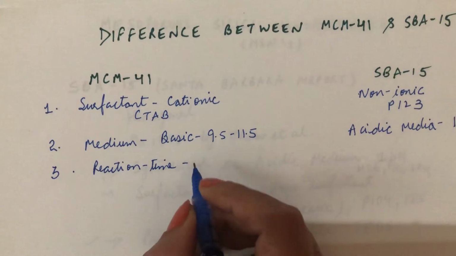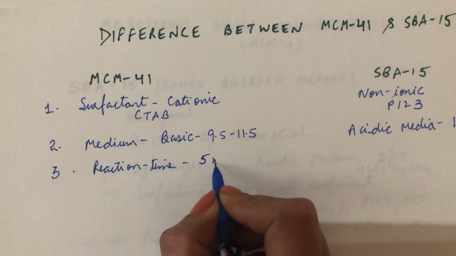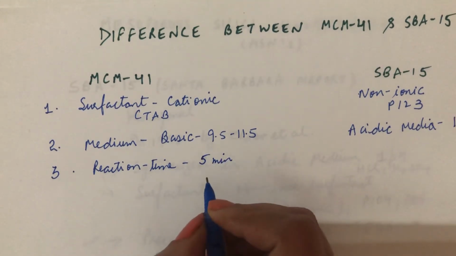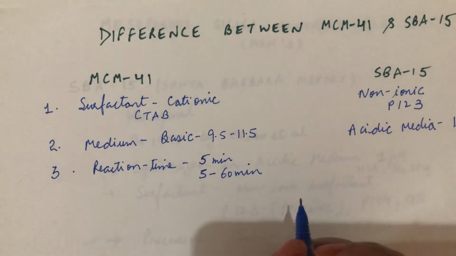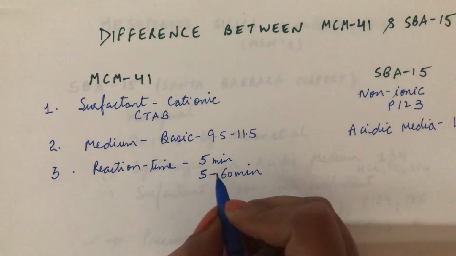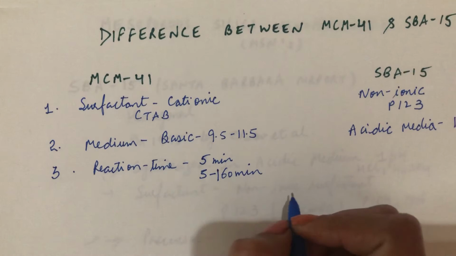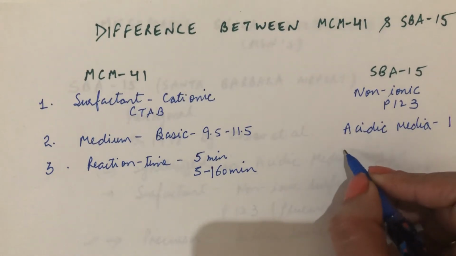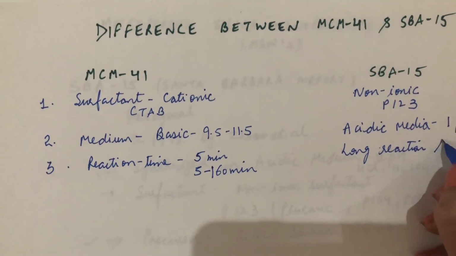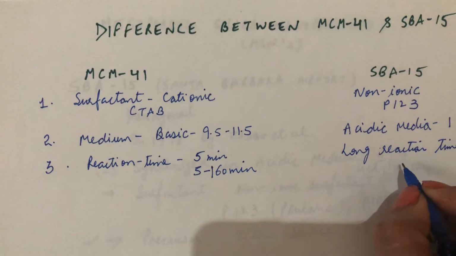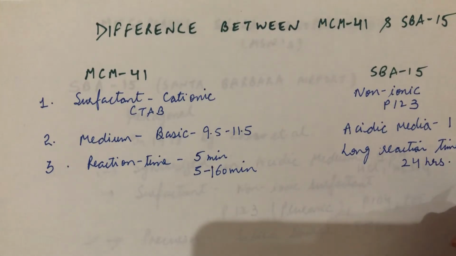The reaction time for MCM41 is very short, in some cases even lower than 5 minutes, so we can summarize it as 5 minutes to 60 minutes, or in some cases you can take 160 minutes, otherwise 2 hours is more than sufficient. Here it takes long reaction times. This is the main difference. In some cases it takes up to 24 hours also.